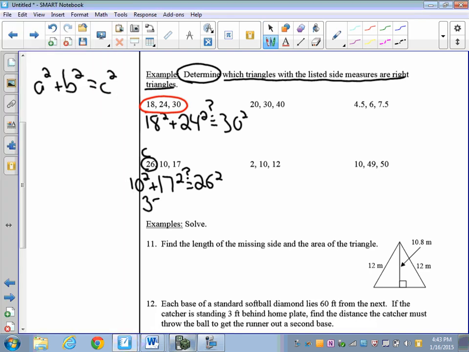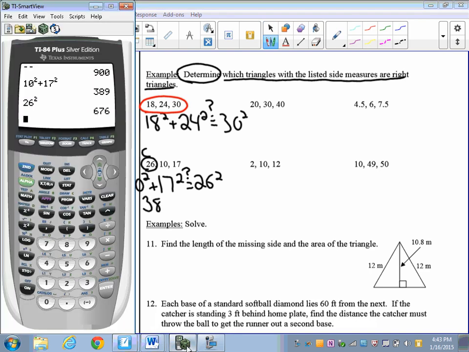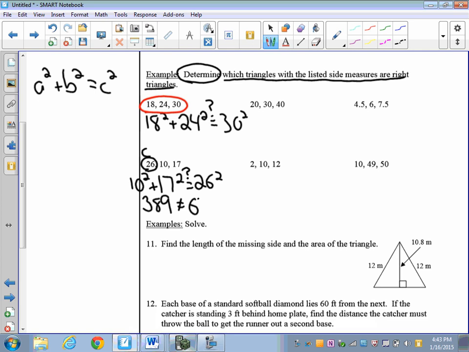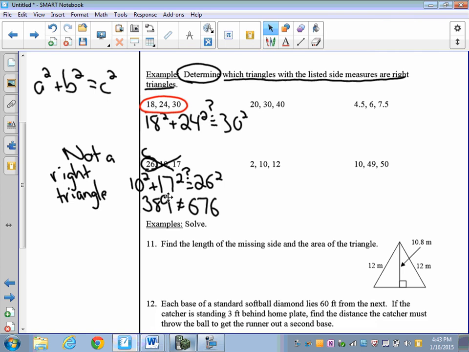So 389 does not equal 676, so this is not a right triangle. So if they're equal, they are a right triangle. If they're not, it's not a right triangle.